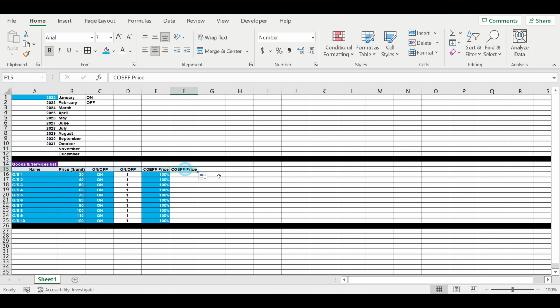Then we set up sales plan, units per month, sales plan.